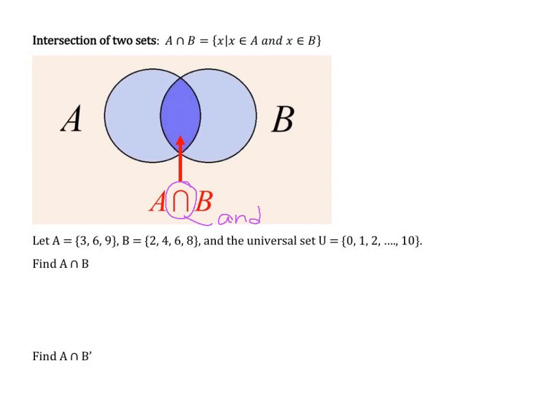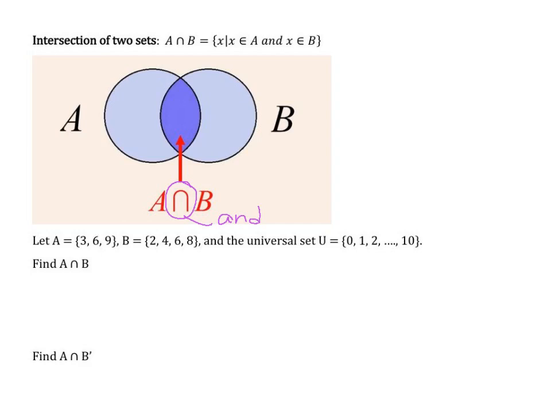So let's say we have the set 3, 6, 9 for A, and the set B is 2, 4, 6, and 8. And we have the universal set 0 through 10. Find A intersect B. So what are the numbers that A and B both have in common?